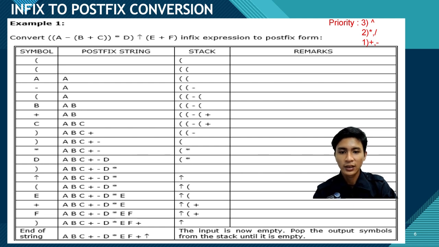Next, the plus we put in the stack, and we put the next operand in the postfix and the close bracket. But if there is an open and close, the plus will pop to the postfix string.